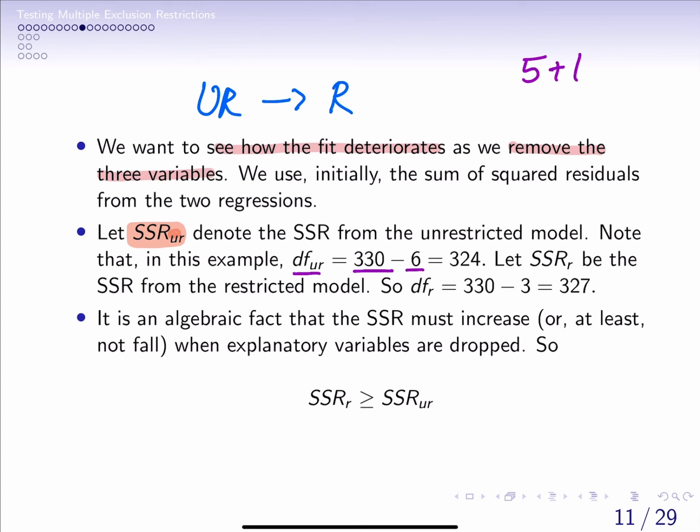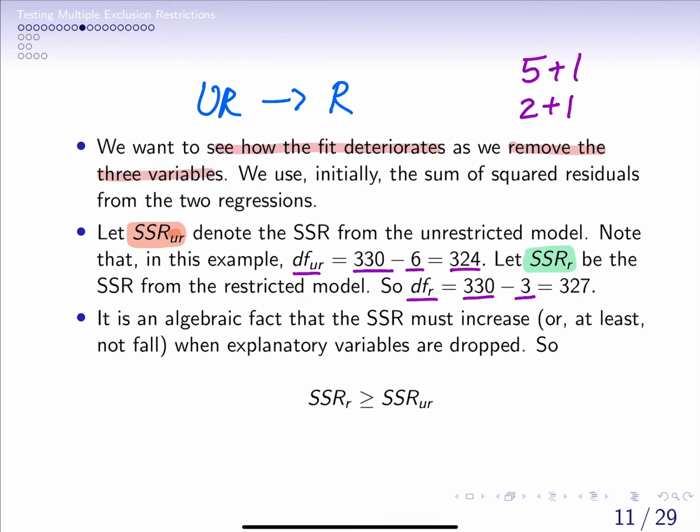And then we let the sum of squared residuals from our restricted model be represented by SSR_R. In this case, the degrees of freedom are just 330 minus 3, because we have 2 slope coefficients and 1 intercept. So the degrees of freedom is a little bit higher, which is intuitive because we did not estimate 3 other slope coefficients.